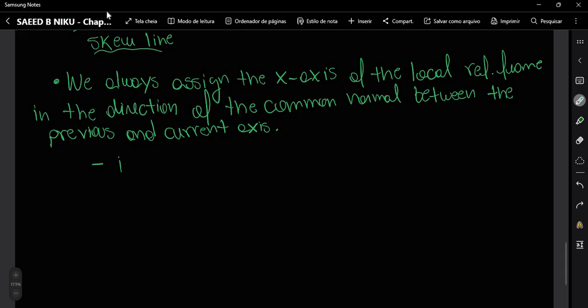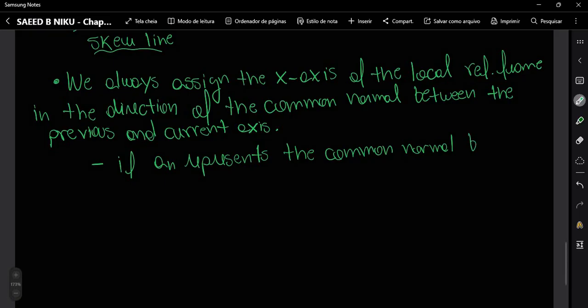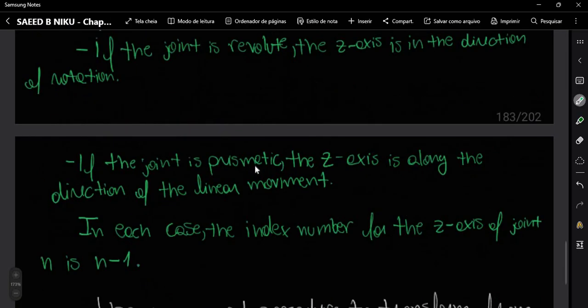If An represents the common normal between Z in index n minus 1 and Zn, like we can see right here.